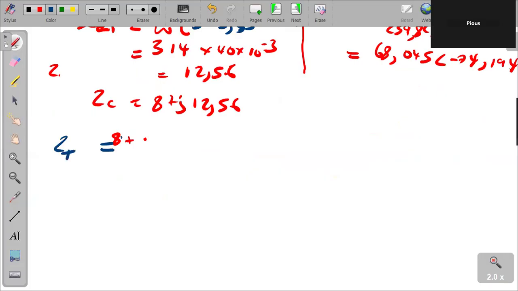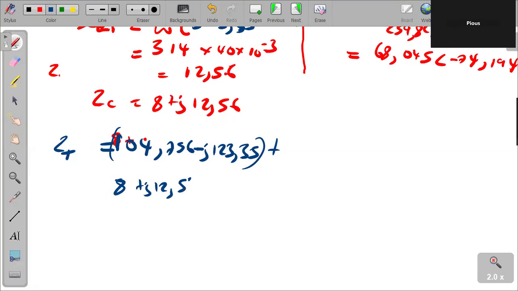So we are saying 104.756 minus j123.35 plus ZC, because they are in series, remember? 8 plus j12.56.